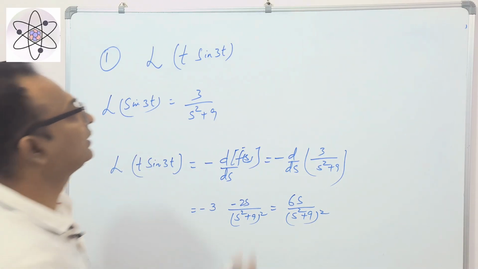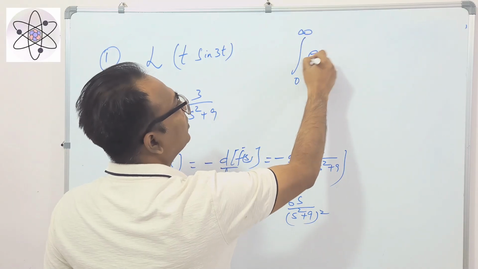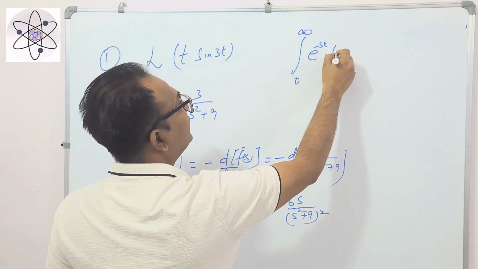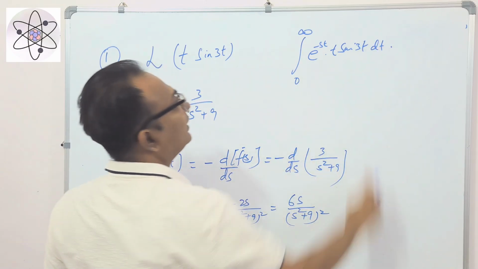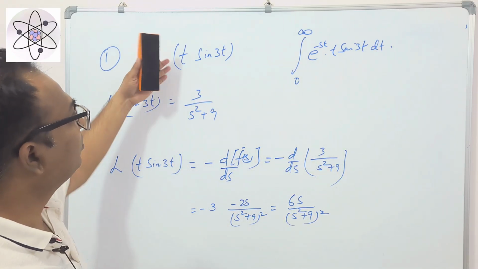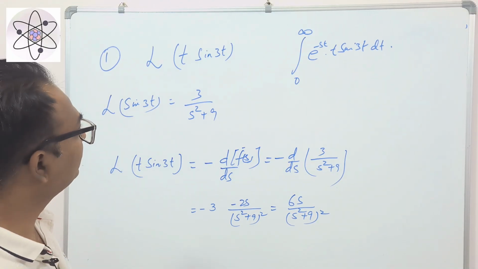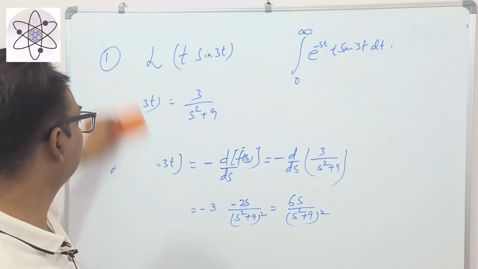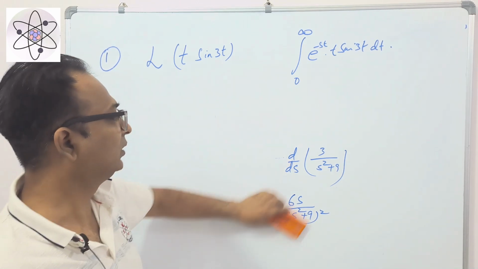Otherwise we had to take the integral from 0 to infinity of e to the power minus st into t sin 3t. Evaluation was very difficult. By this, the evaluation has become very easy. Similarly, let's complicate this matter a bit more.